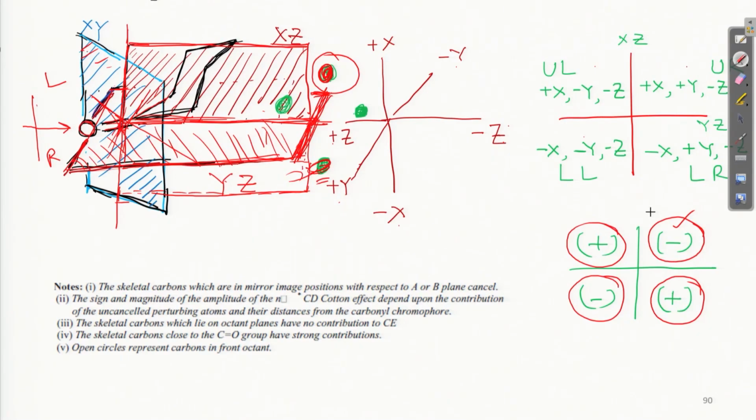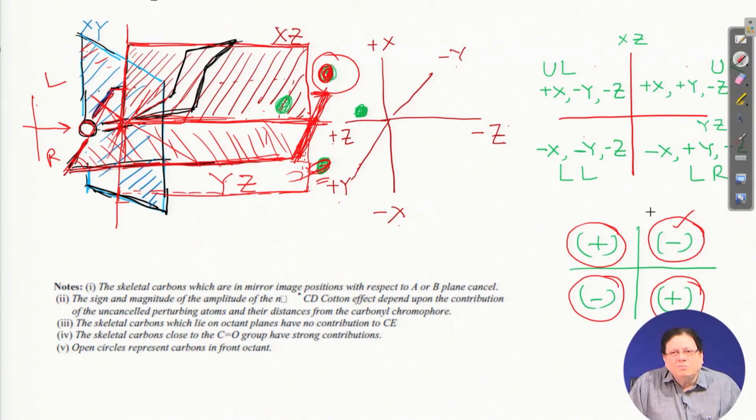There are other empirical rules, like Woodward's diene rule for calculating the lambda max. Those are derived by looking at several molecules, like Woodward looking at the lambda max for several dienes and then coming out with his famous rule, and the dienophile rule. Similarly, by looking at the sign of the Cotton effect of several ketones, people came out with this octant rule. Okay. So this is for the rear octant.